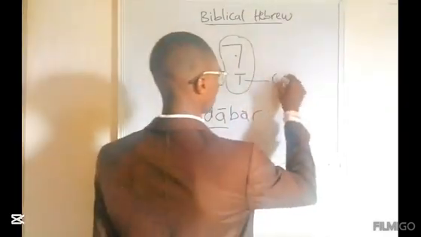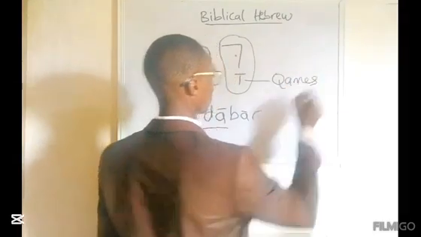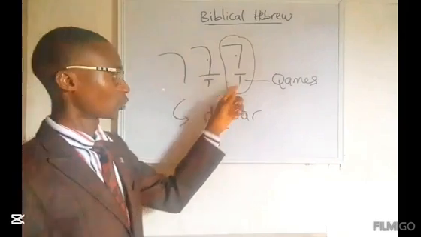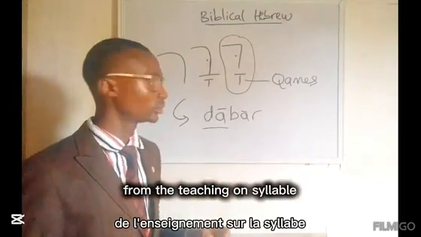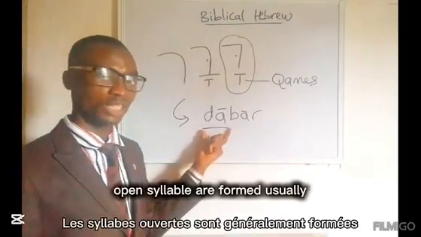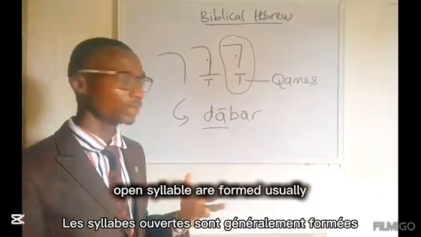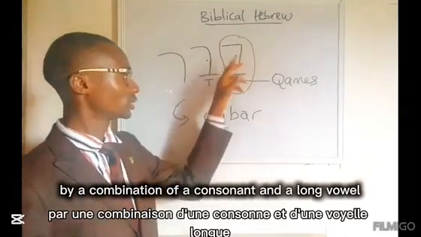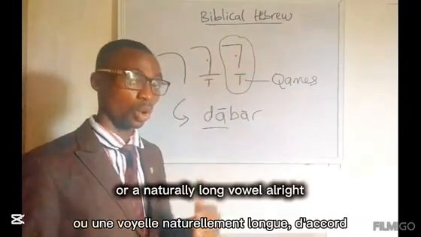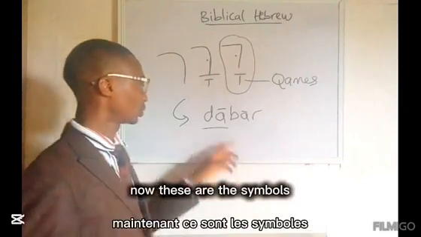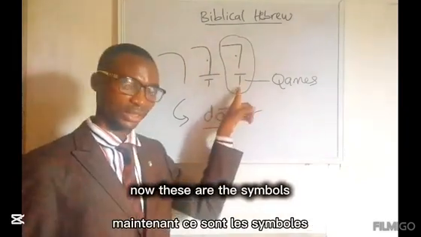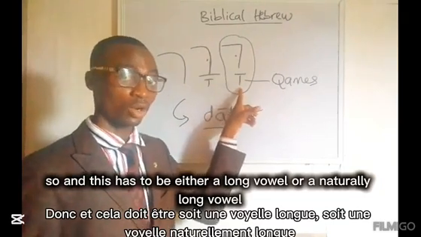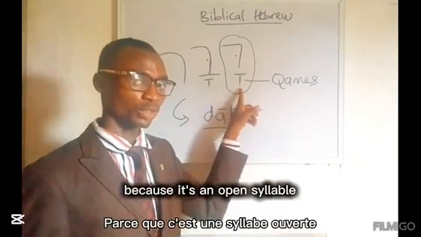Because from the teaching on syllable, open syllables are formed majorly by a combination of a consonant and a long vowel or a naturally long vowel. Alright, now this is the symbol. And this has to be either a long vowel or a naturally long vowel because it's an open syllable.